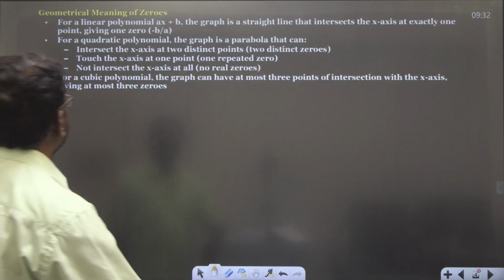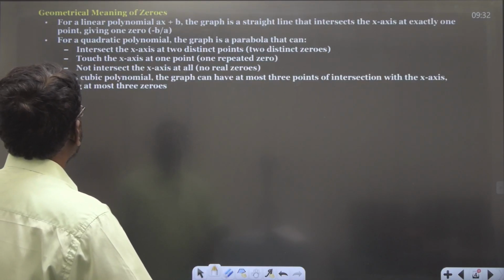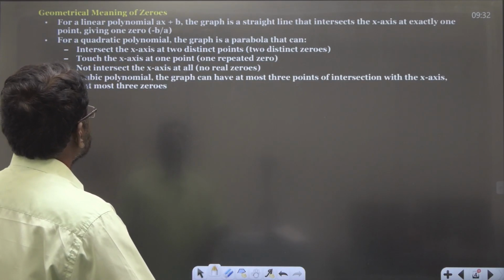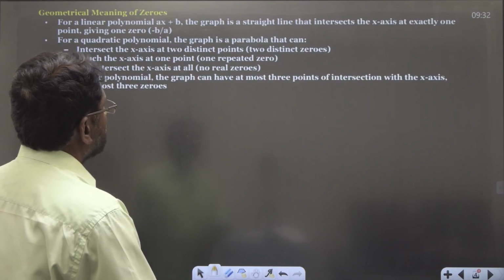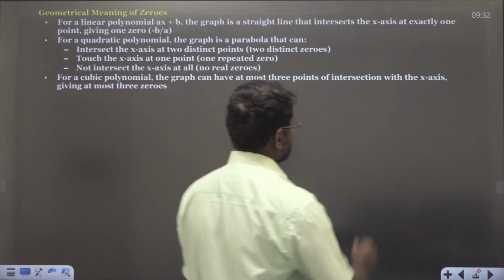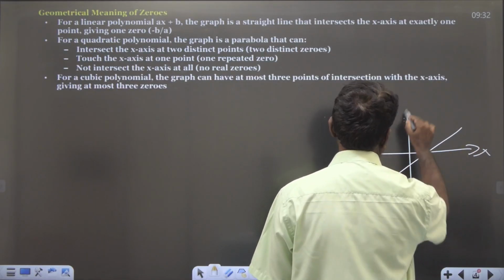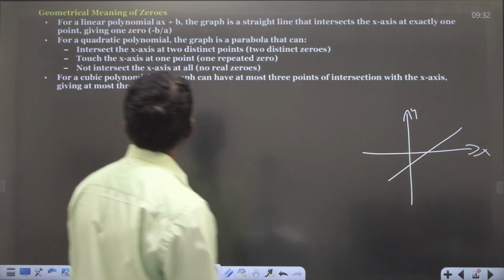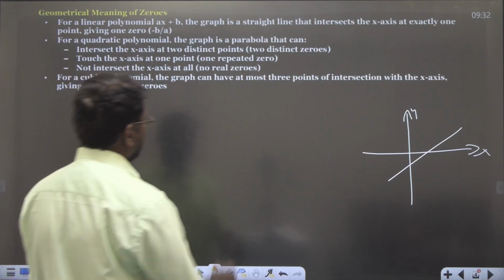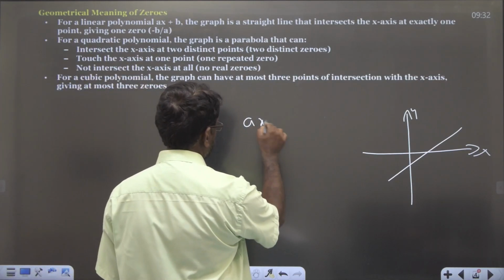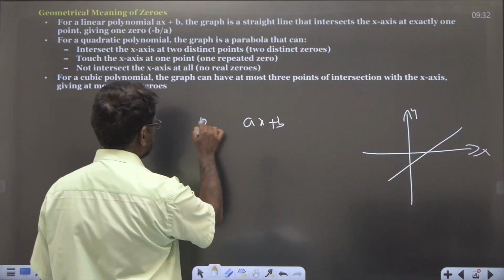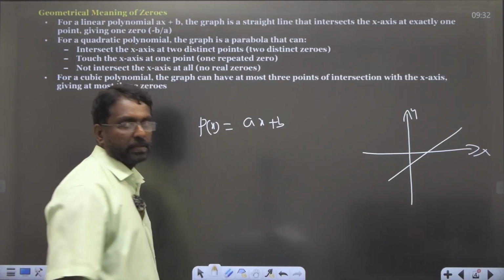Geometrical meaning of zeros. For a linear polynomial ax plus b, the graph is a straight line that intersects the x-axis at only one point. We have already discussed it. How can we find the zero? p of x is equal to ax plus b.